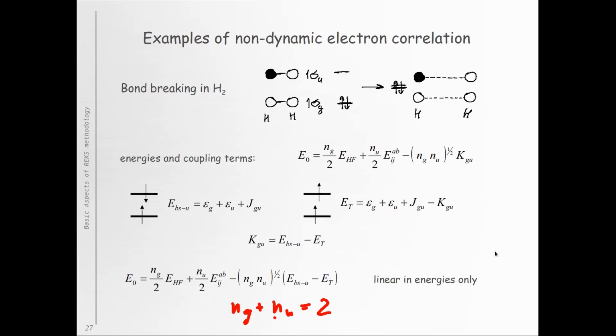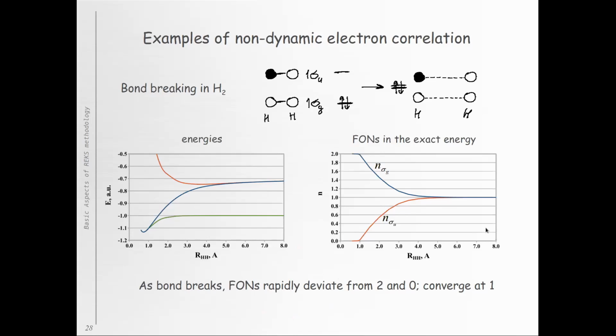So this expression has an advantage because it's simpler to calculate at the level of wave function theory. However, this expression has an advantage at the level of density functional theory, because at the DFT level we simply don't know how to express the exchange integral. We can try the same trick, but we end up with an expression such as this. So that's my main motivation to switch over to energies only and nothing else.